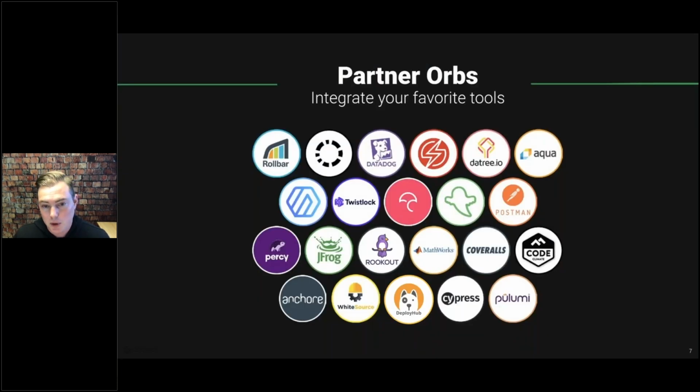There are a ton of orbs already out there pre-built for all kinds of different integrations that you want to use, whether those are security scanning, metrics and log aggregation. We have orbs for all different kinds of cloud providers, including DigitalOcean, and much, much more.